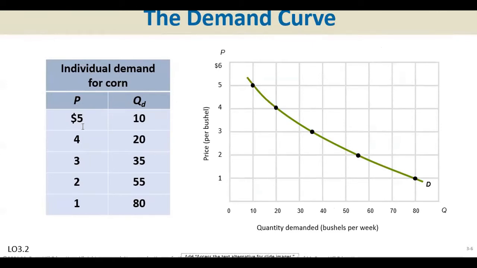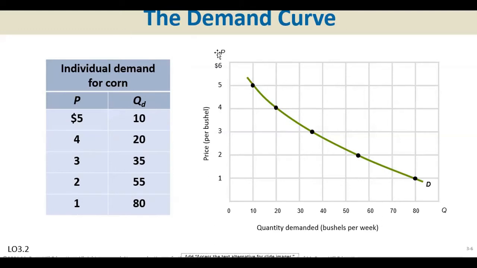As the price falls, the quantity demanded rises, and as the price rises, the quantity demanded falls. If you transpose this information into the graph, the first step to plot a schedule into a graph is to identify the axes.